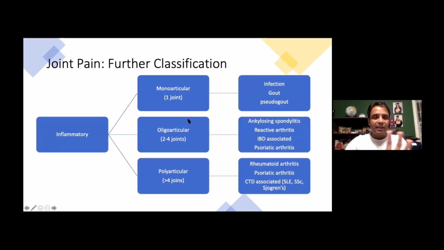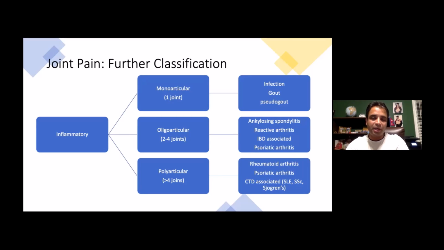Now we talk about inflammatory versus non-inflammatory, so we'll talk about further classification of inflammatory arthritis. Typically we categorize them depending on how many joints are involved. One is called monoarticular, if a single joint is involved. Some of the common causes of monoarticular inflammatory arthritis include infection, gout, and pseudogout.